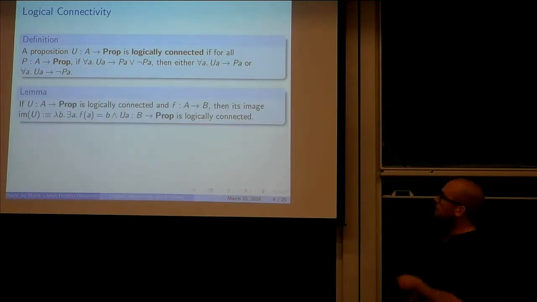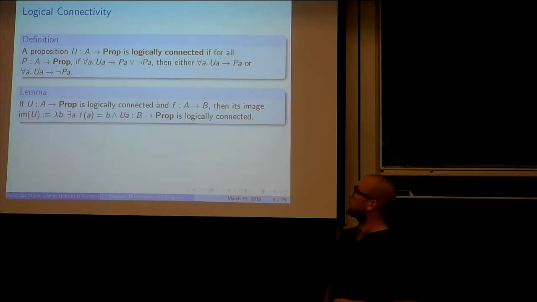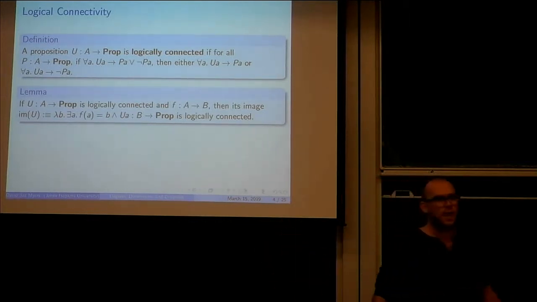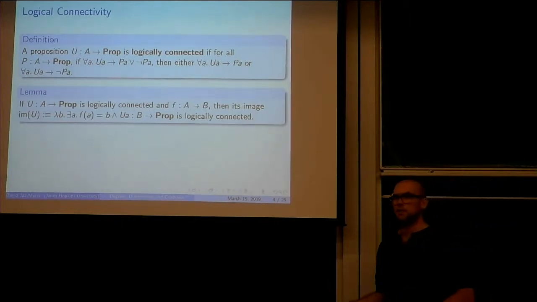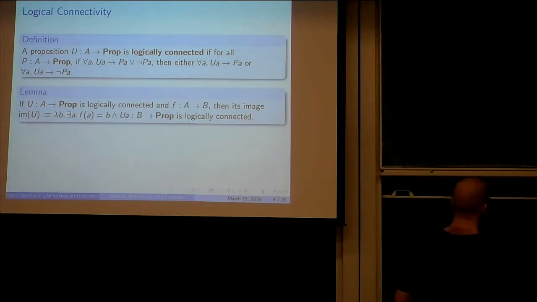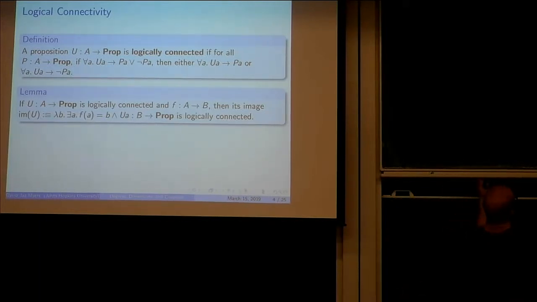And so 2 quick lemmas here. First, if we have a logically connected proposition, then its image under any map is logically connected. And this follows very straightforwardly from the adjunction you get.